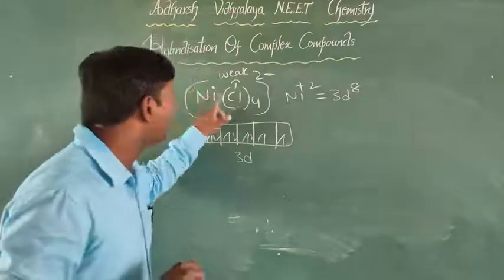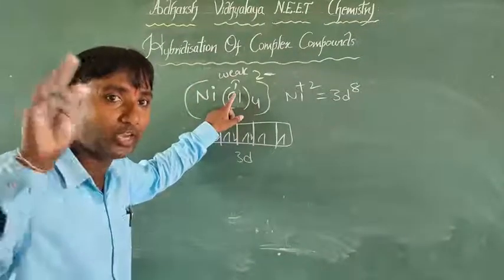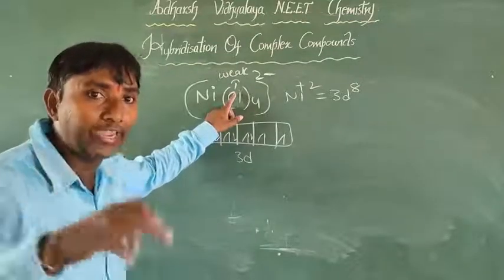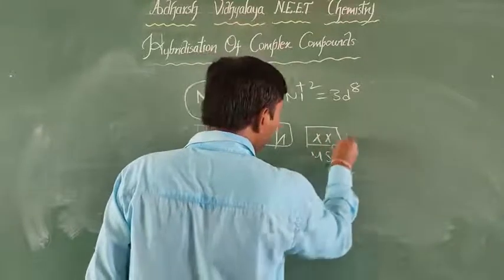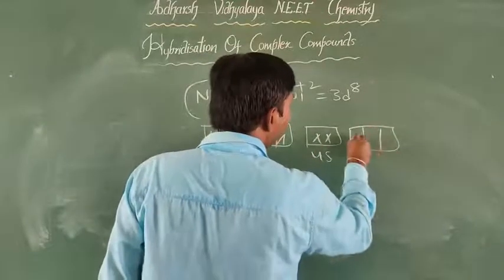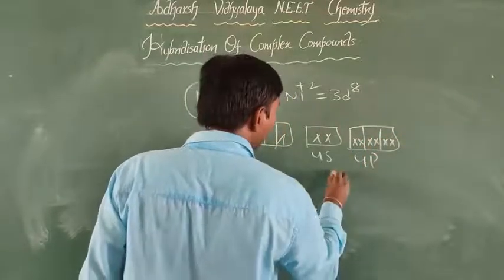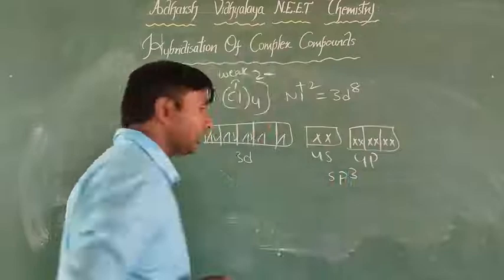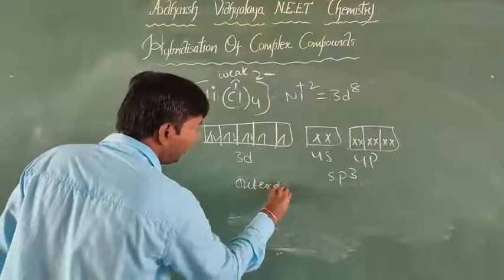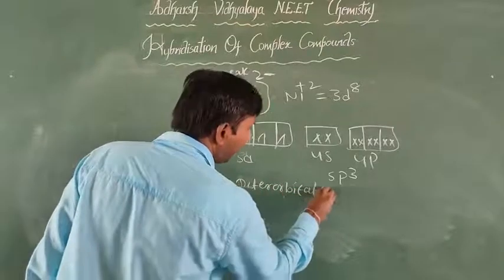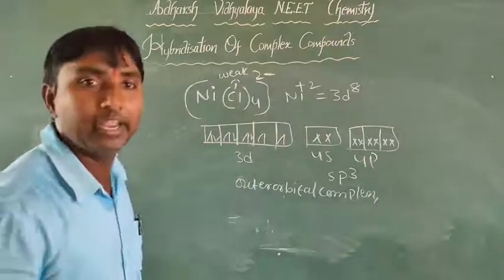But here nickel is bonded with how many chlorines? 4 chlorines. 4 chlorines means how many bonds formed? 4 bonds, which means 8 electrons. These 8 electrons are filled into 4s and 4p. Okay, that's why this is sp3 hybridization, an outer orbital complex. sp3 means what geometry?